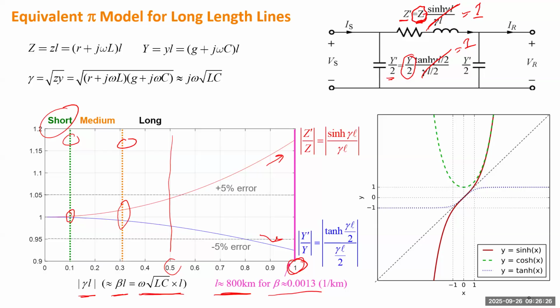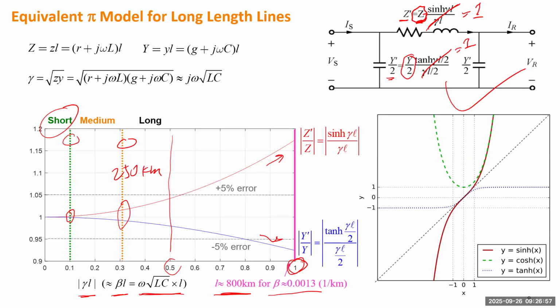So even if we study a line at about 250 kilometers, which is the boundary between the medium line and the long line, you can either choose to use this accurate formula to convert Z and Y to Z prime and Y prime, then do the calculation, or you don't do it at all. You just directly use Z and Y for your calculation and treat it as a medium line.